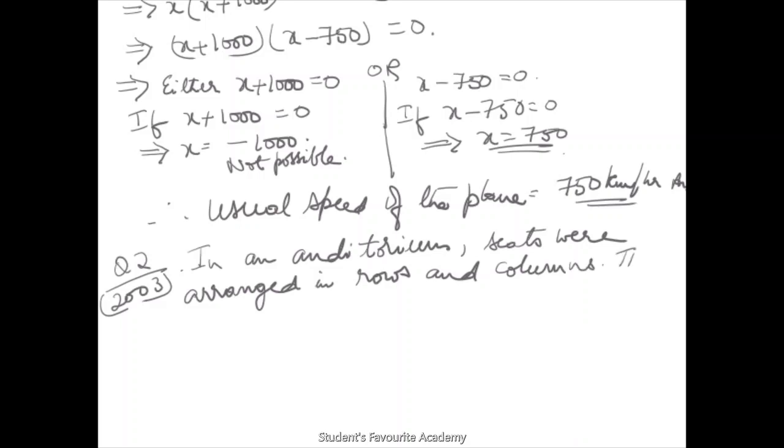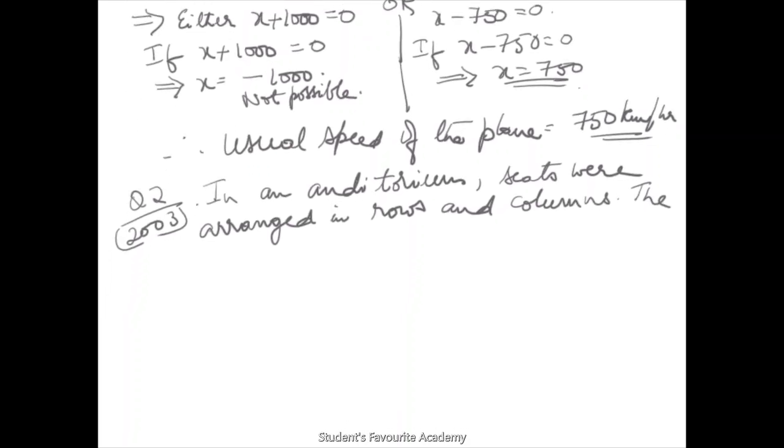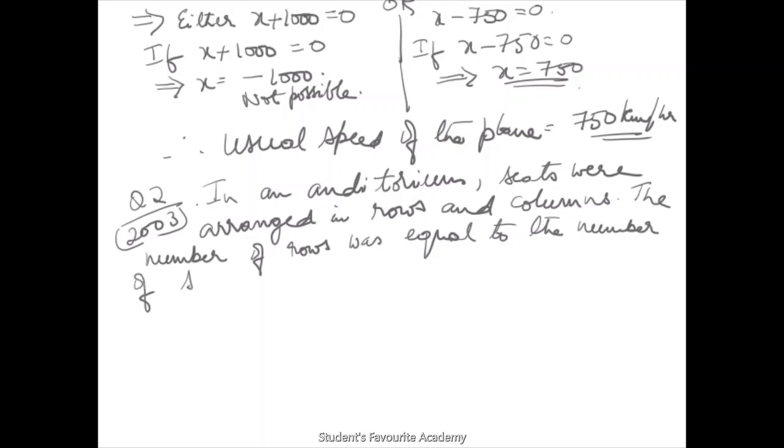The number of rows was equal to the number of seats in each row.